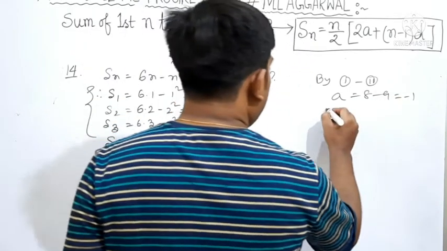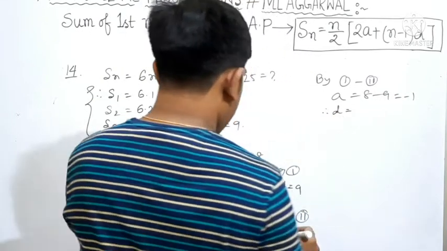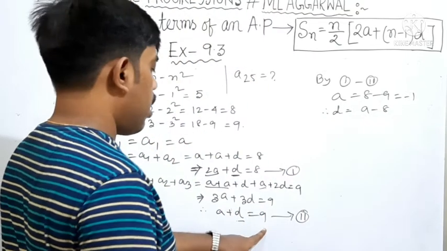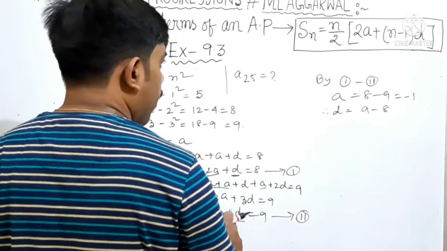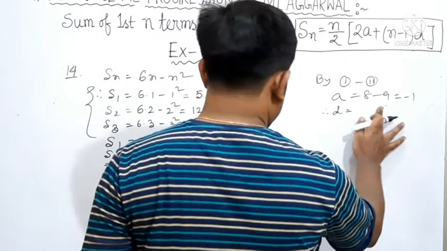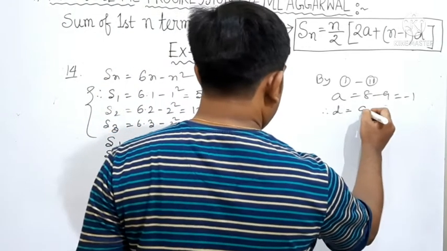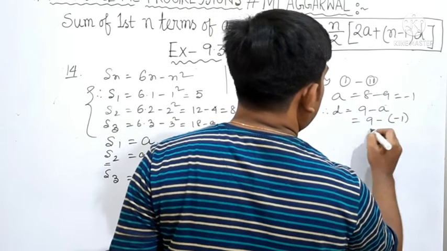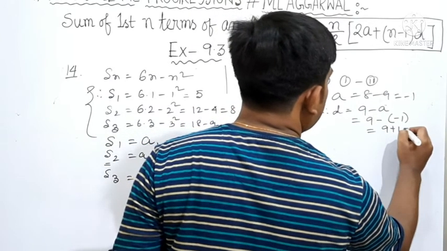Okay, and therefore d will be 9 minus a, and it will be 9 minus (minus 1), and it will be 9 plus 1.